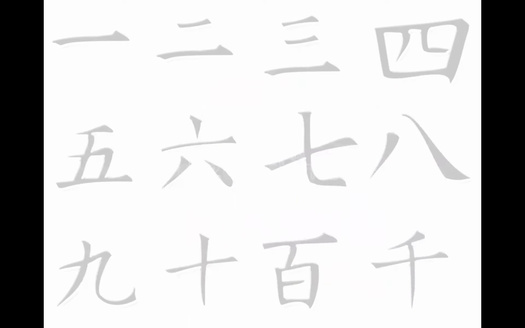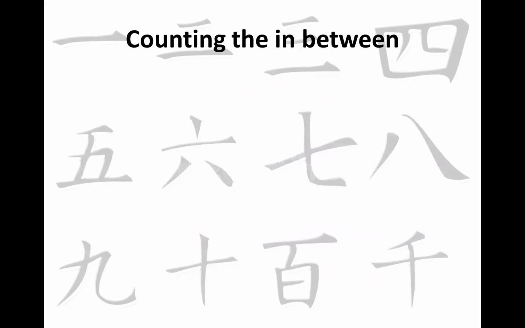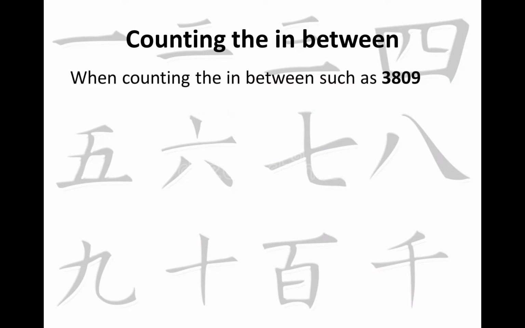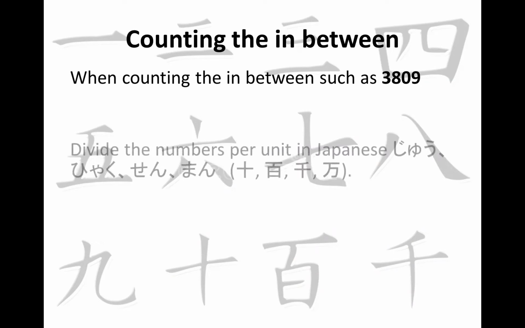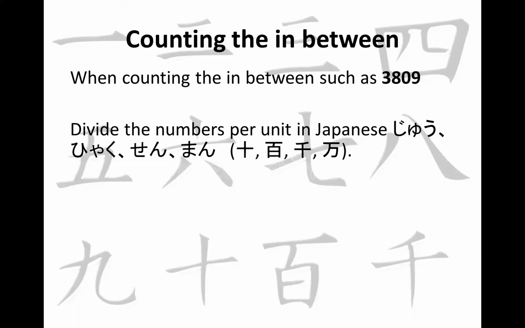Now, I know you've been wondering, how do we count the in-between numbers? When counting the in-between, such as 3,809, how do we do that in Japanese? It's simply dividing the numbers per unit in Japanese, such as ju or the tens, hyaku by the hundreds, sen by the thousands, and then of course man by the 10,000.